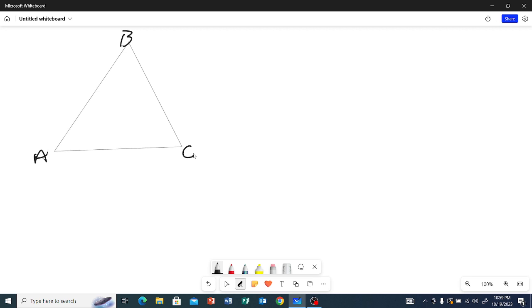Out of triangle ABC, you are given the following. They tell you that this angle is equal to 43 degrees, this is equal to x, and this is equal to x plus 2. Now we are asked to find the value of x.